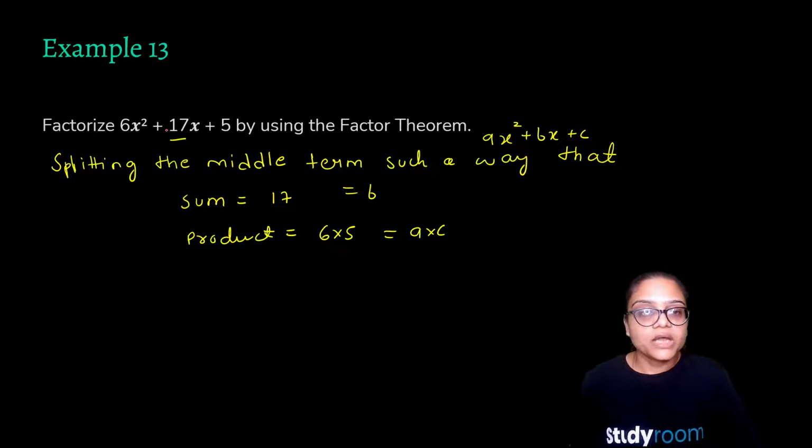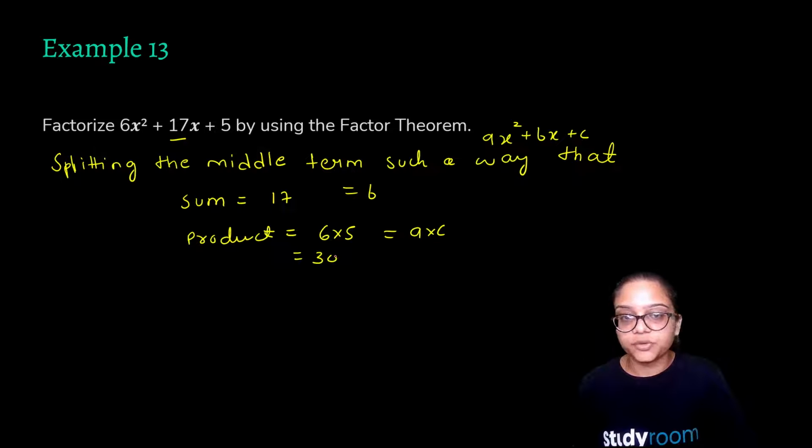So 17 sum and 30 product. I can clearly see 15 plus 2. If not, then there's no other way; you just need to practice.